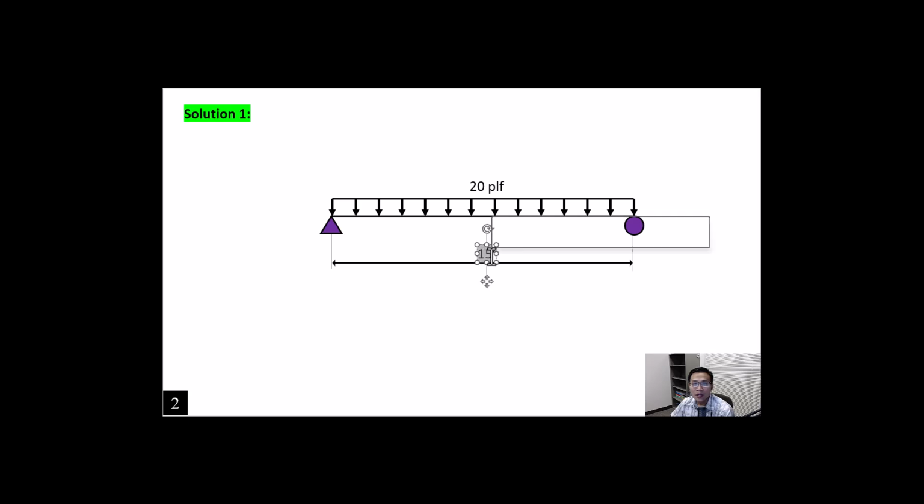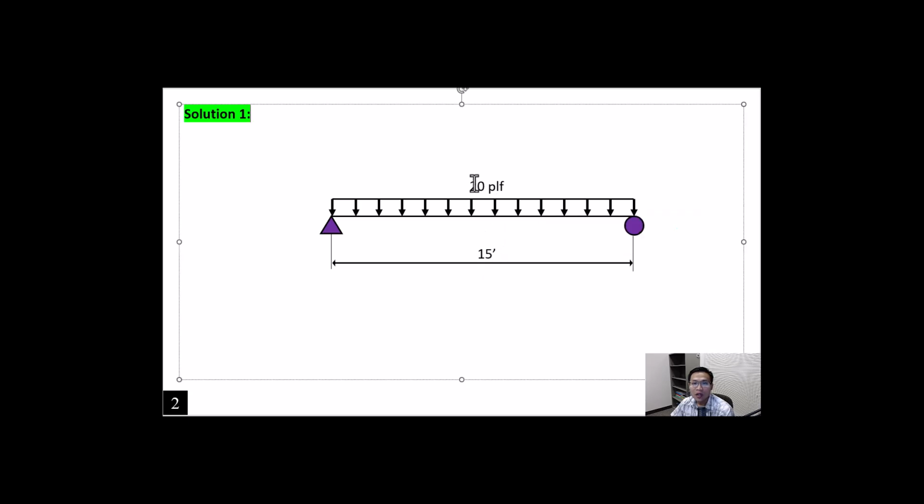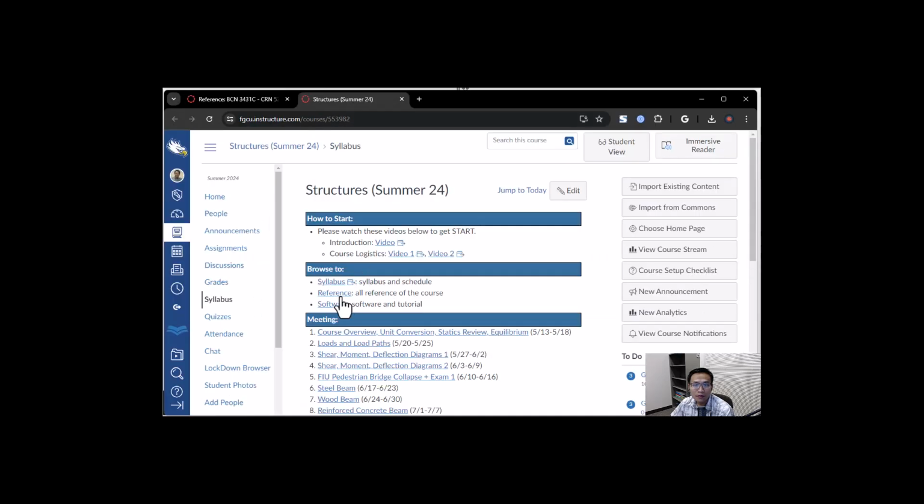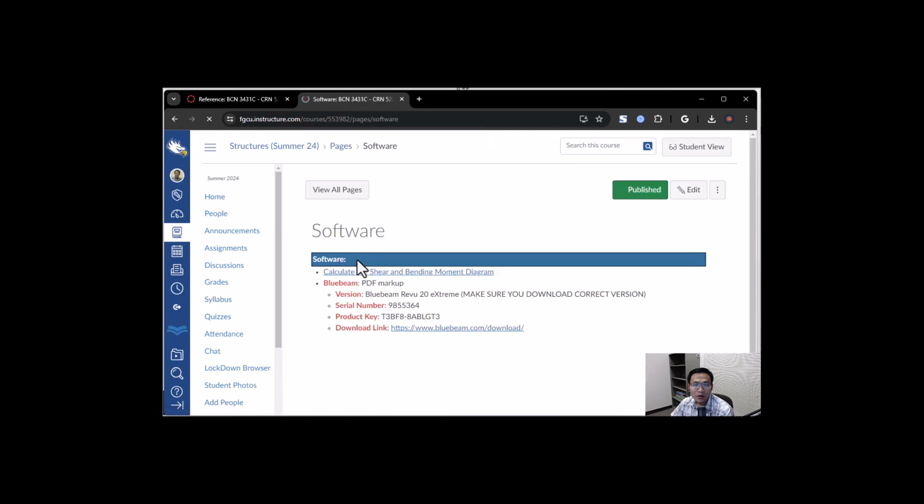So we have here 15 feet, 20 plf. Then go here, home, software.